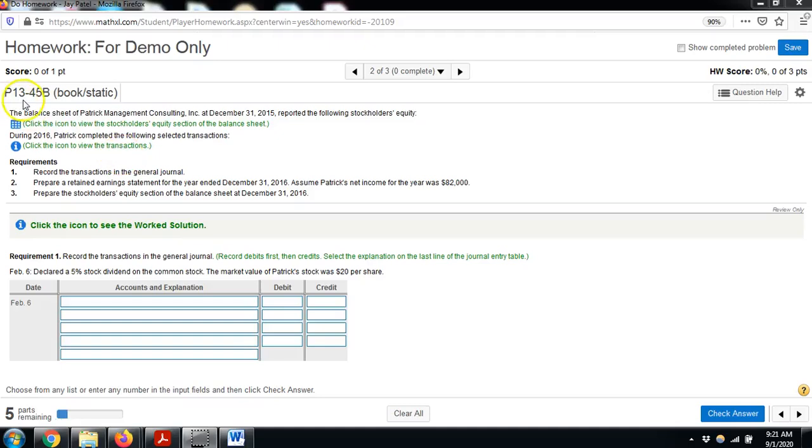This is P13-45B. So we're going to journalize certain dividend and treasury stock transactions and then use those to prepare the statement of retained earnings and the stockholders' equity portion of the balance sheet. So let's start with this one. It looks like we have a small stock dividend. And so with small stock dividends, we're going to have to factor in the market price here.